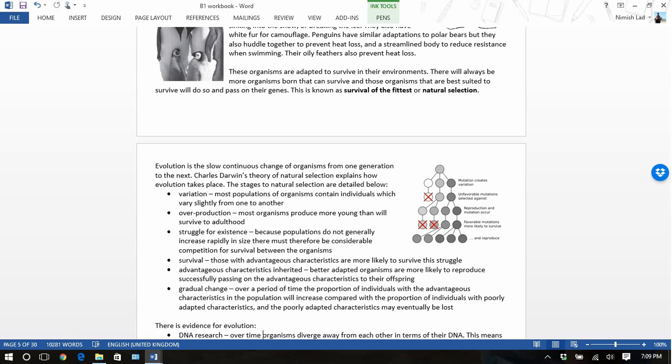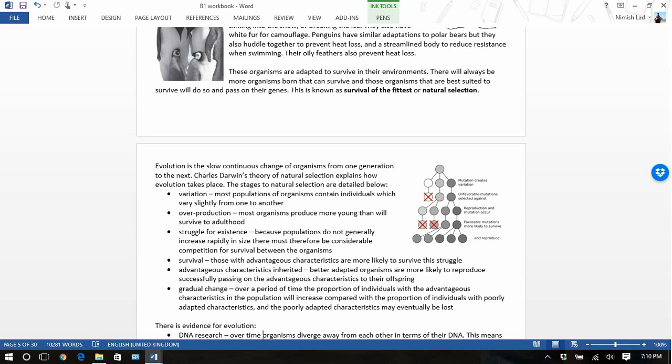Survival: those that are more likely to survive will survive. Advantageous characteristics are inherited, so those that are more likely to survive pass on this advantageous characteristic they had, and that leads to a gradual change over time. So if you imagine monkeys that had five fingers, and they were grabbing hold of trees, they'd keep slipping off because they don't have a thumb to push against the four fingers with.